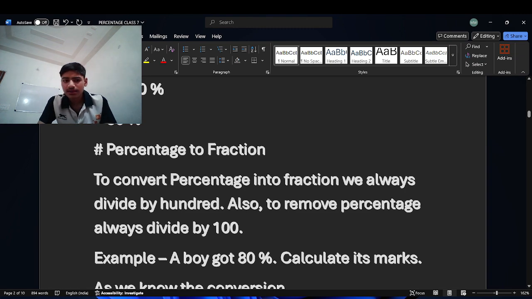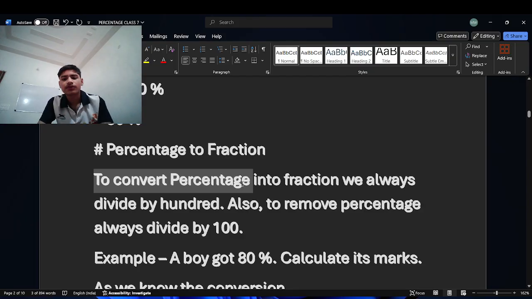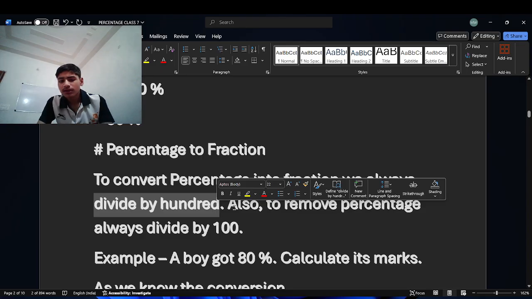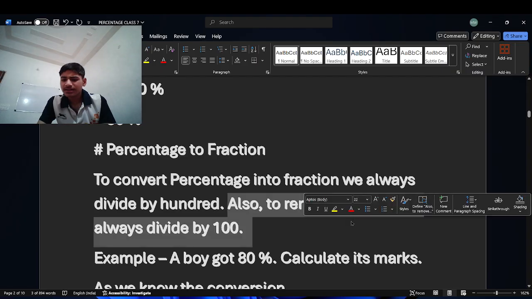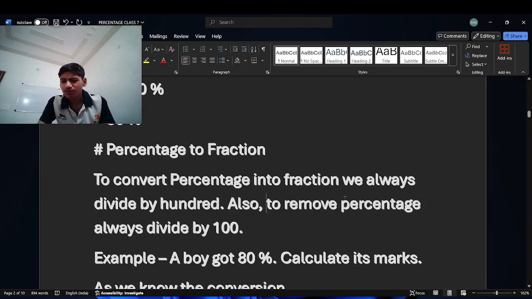Let's start. Percentage to fraction. To convert percentage into fraction, we always divide by 100. To remove the percentage sign, you always have to divide by 100.